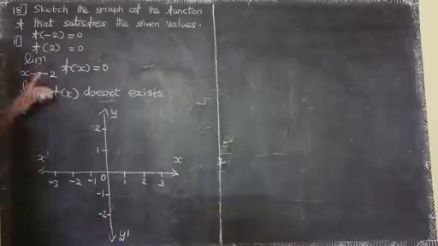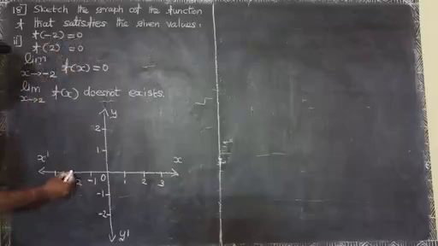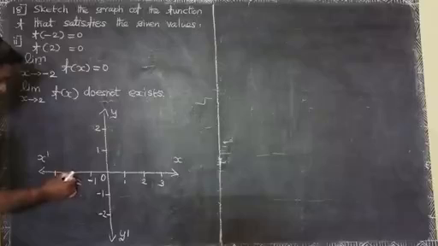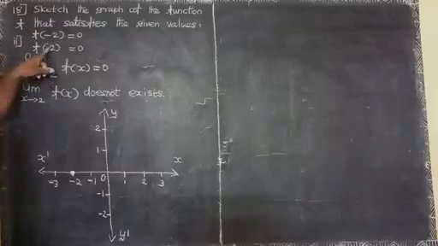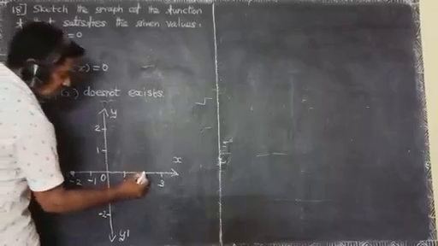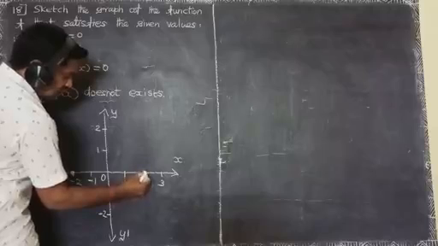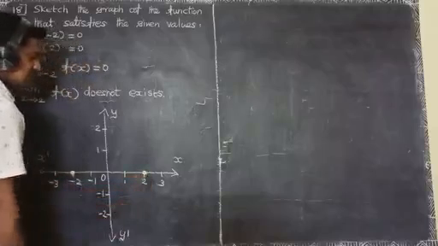In the first one, substitute x equal to minus 2, then y approaches 0. X equal to minus 2, y equal to 0 means this point. Then the other one, substitute x equal to 2, then y approaches 0.